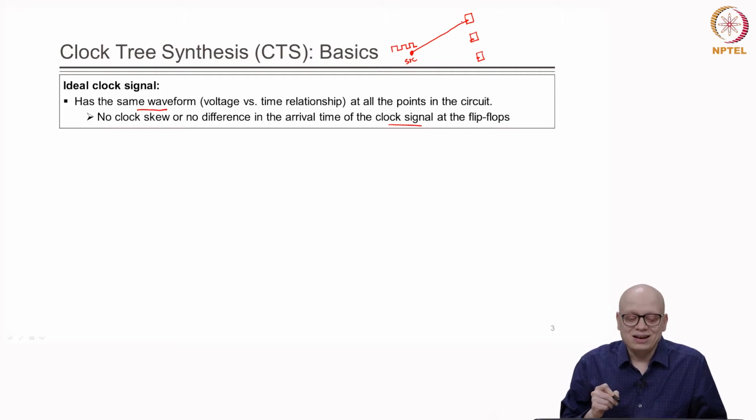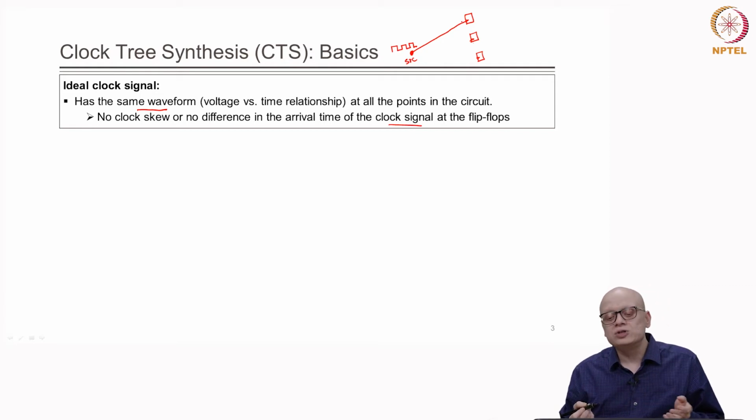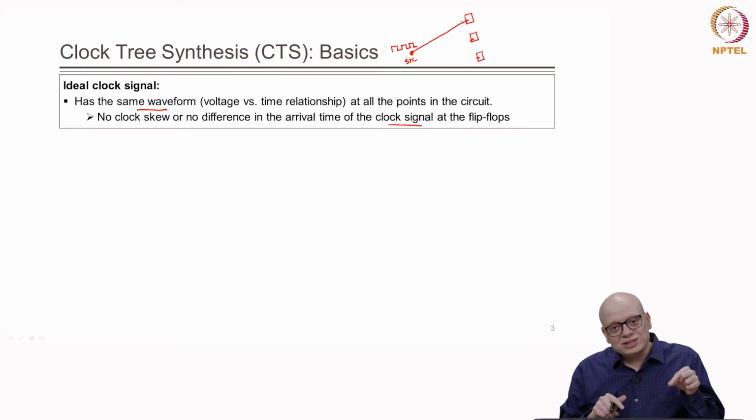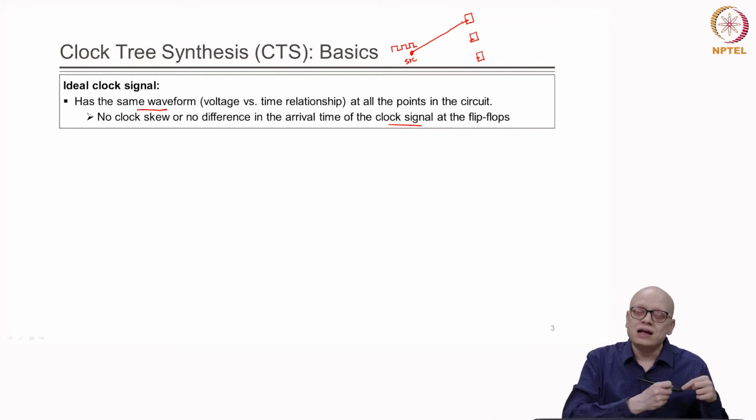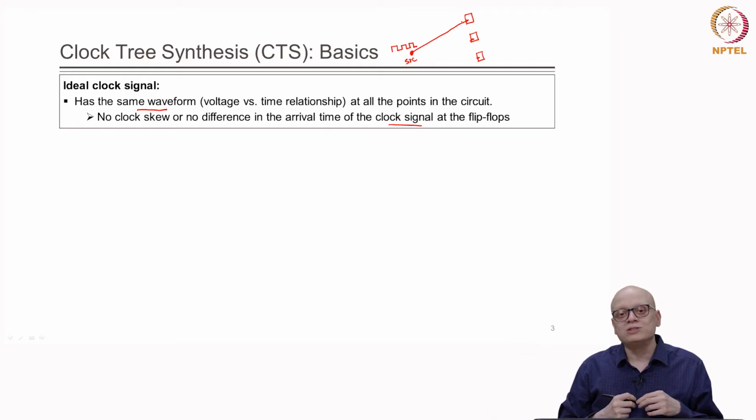Now, this is the ideal behavior, and if we go into physical design, the ideal behavior can never be ensured. Why can it never be ensured? Because we are making the layout, and in the layout the clock signal will be generated from one particular point, maybe from a clock generator, and from there it will be fed to all the clock flip flops in our design.